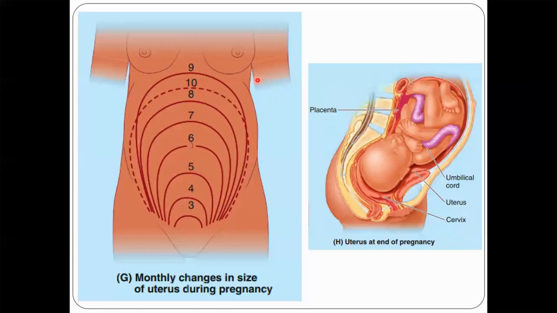Any organ in the body, if it increases in size, it is due to one of two mechanisms. Either hypertrophy, meaning increase in the size of the cells, or hyperplasia, which means increase in the number of the cells, or it may be due to both mechanisms together.